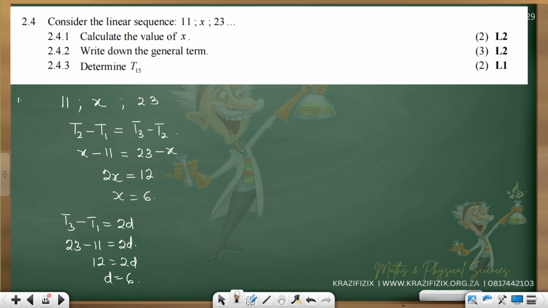It looks like something is wrong. The value of x should actually be increasing. T2 minus T1, x minus 11, 23 minus x. Oh, it's a plus, sorry. I was looking for the difference. 23 plus 11 should give me 34. All right, x equals 17.